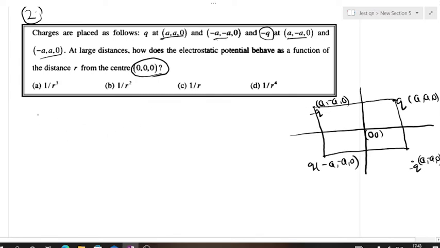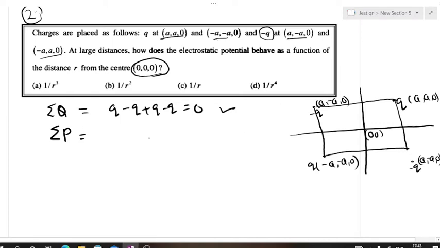To check the potential, we have to find first the monopole, then the dipole, then the quadrupole. First the monopole: sum over q is equal to q minus q plus q minus q, which is 0. So the monopole vanishes. Then we have to check whether the dipole vanishes or not. For the dipole, there is a simple method.